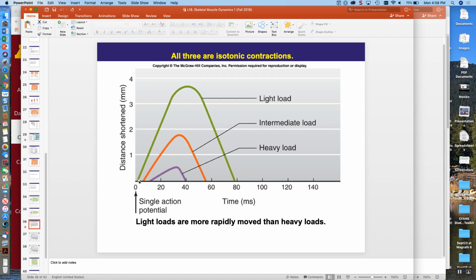You have to generate enough force in order to pick up that weight and put it back down. Force is being generated, but it's not enough to cause shortening.